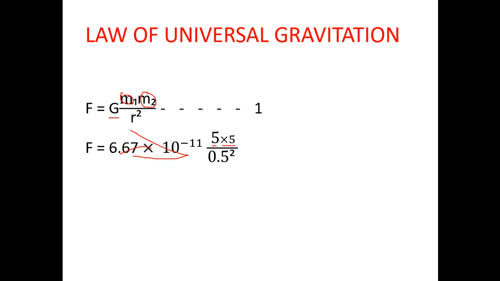Then our radius was 0.5, so we substitute 0.5 squared here. When you simplify this, you will get 6.67 times 10 to the power minus 9 Newton.